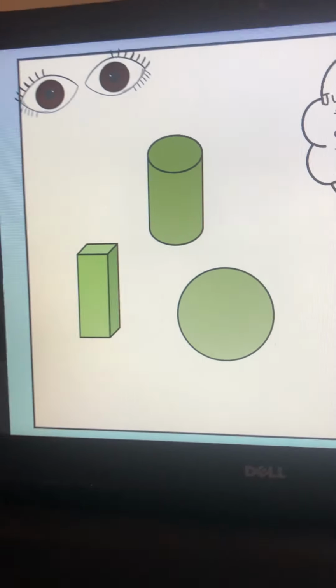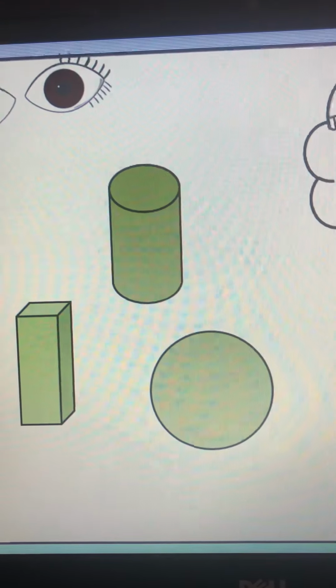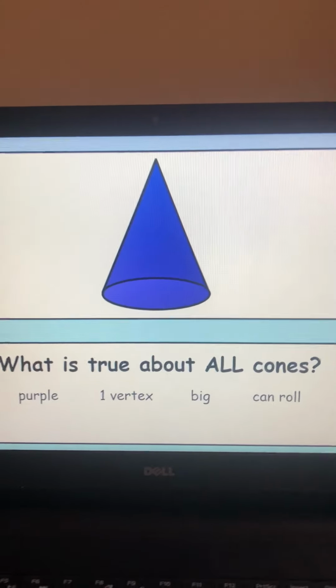And then this last one's a sphere. It looks like a circle. It's kind of hard to make a picture of a sphere. A sphere is like a ball. So a basketball, a soccer ball, all those are spheres. They're not flat like a circle is. So yeah, those are all different shapes even though they're the same color and size.